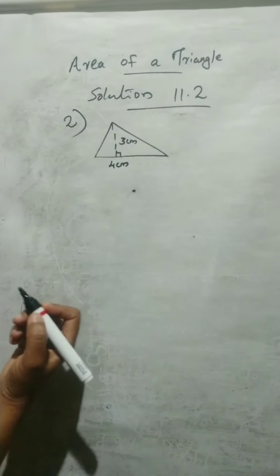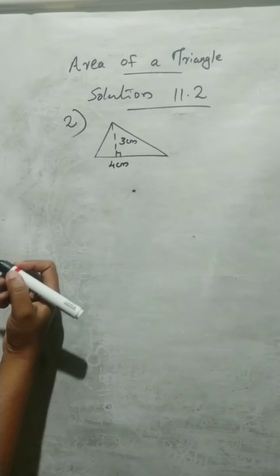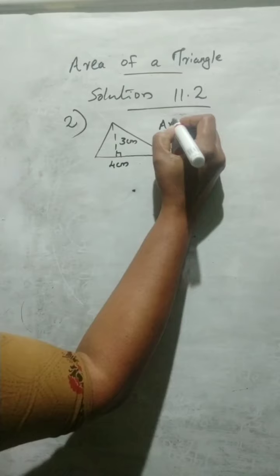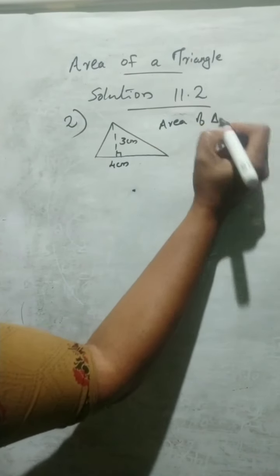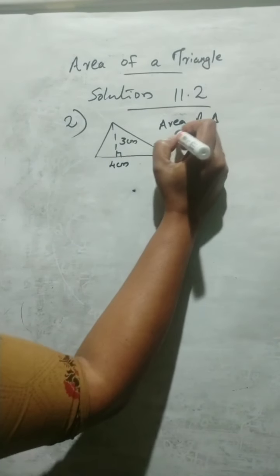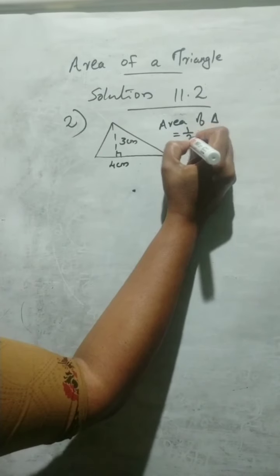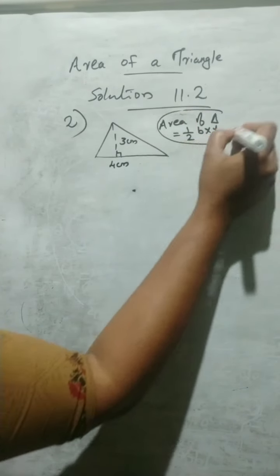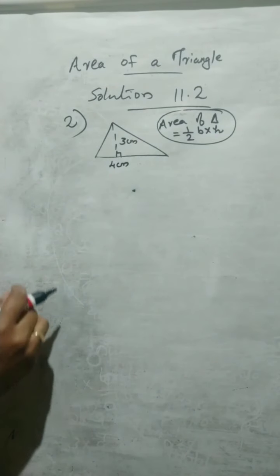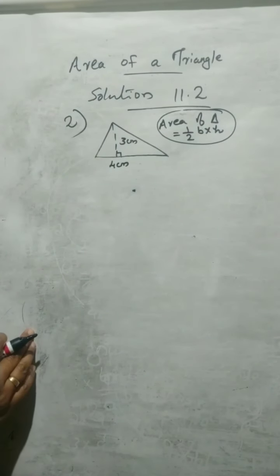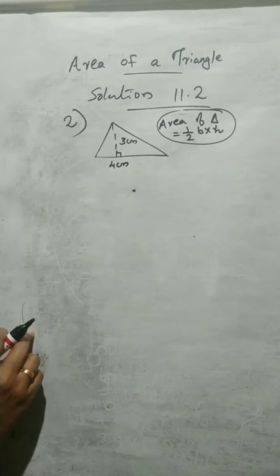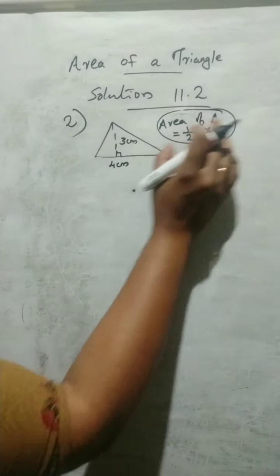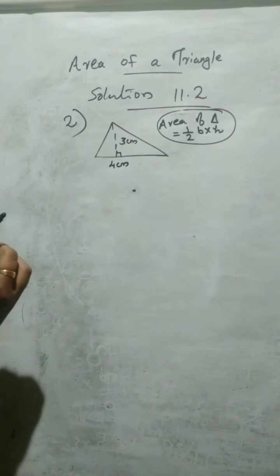We know that the area of a triangle is equal to, what is the equation? That is half of base times height. Half BH. B is base and H is the height.